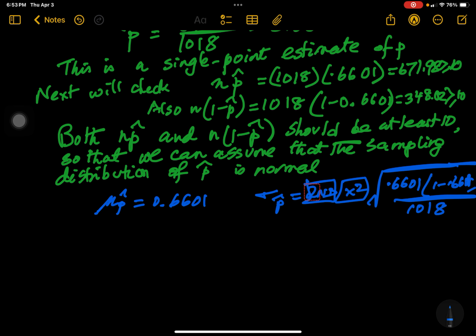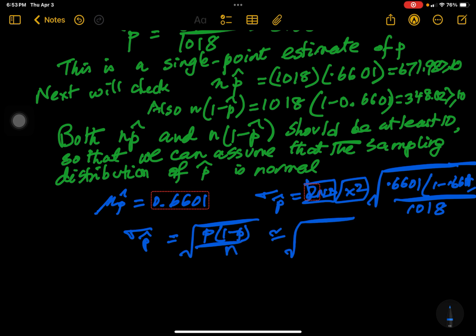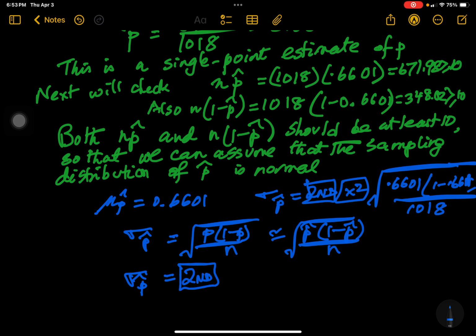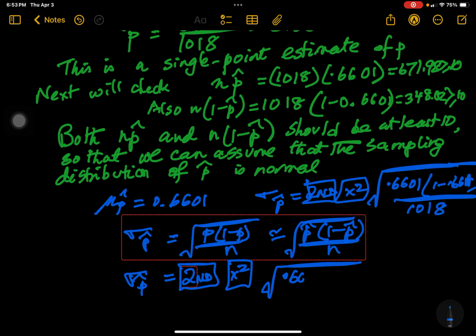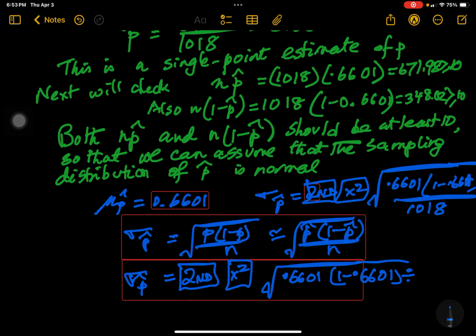So let me write that again. Sigma p hat, the formula is the square root of p times 1 minus p over n. In our case, that's almost equal to the square root of p hat times 1 minus p hat divided by n. On our TI-84 calculator, second button followed by x square button gives me the square root. Inside the square root p hat is 0.6601, left parenthesis 1 minus 0.6601, divided by 1018, which is the sample size.